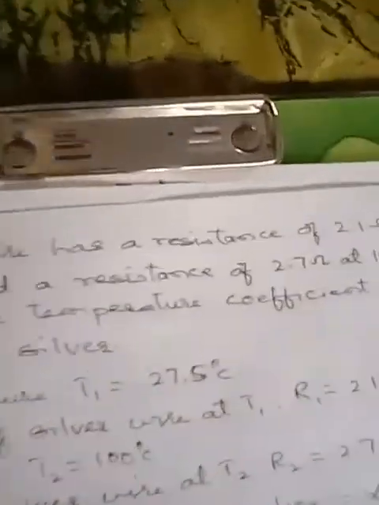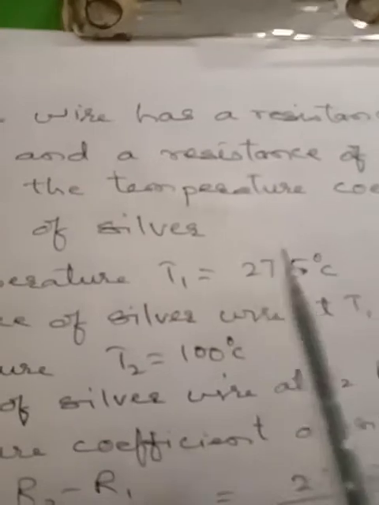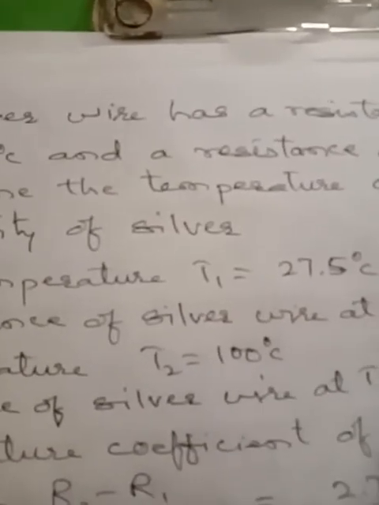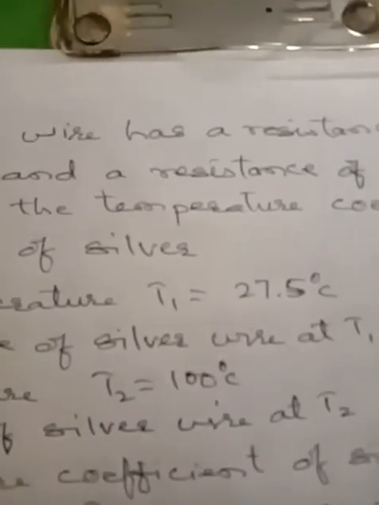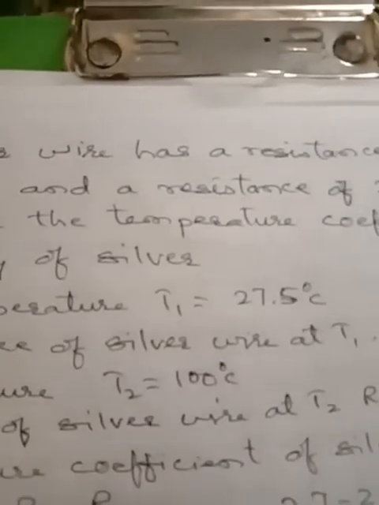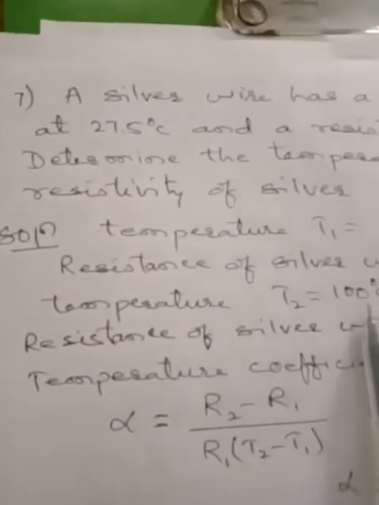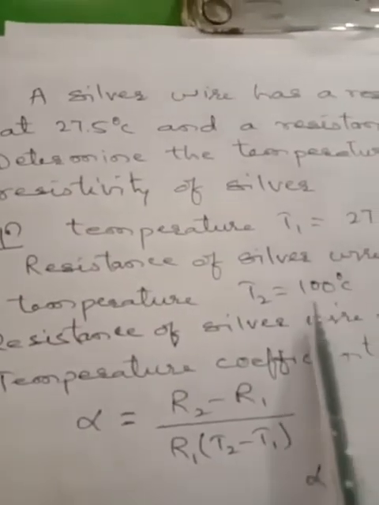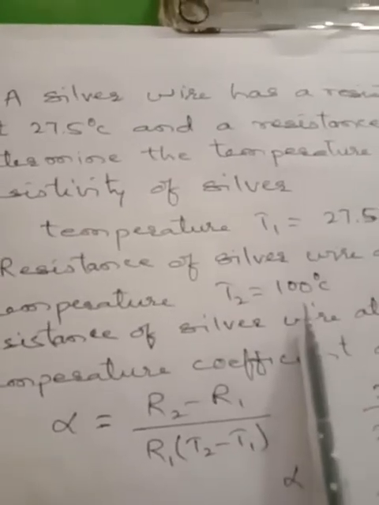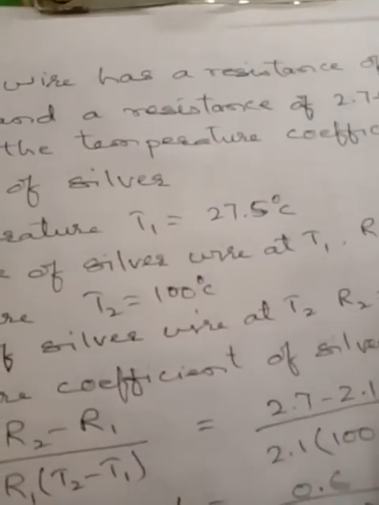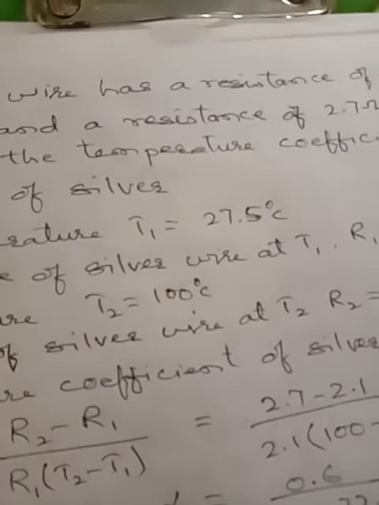So you have to write the given things. T1 is 27.5 degrees Celsius. So at temperature T1, R1 is given to be 2.1. Similarly, what is the temperature T2? From the question itself we get T2 is equal to 100 degrees Celsius, and resistance of the silver wire at T2 is R2 is equal to 2.7.